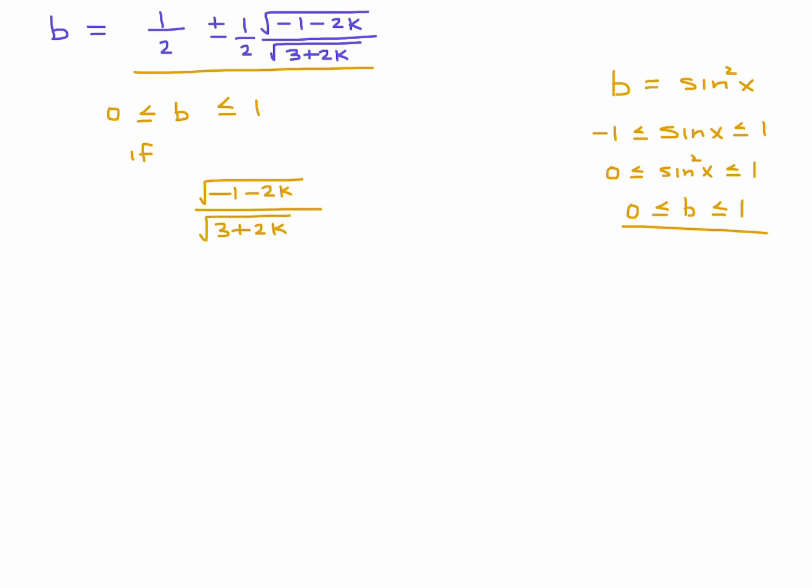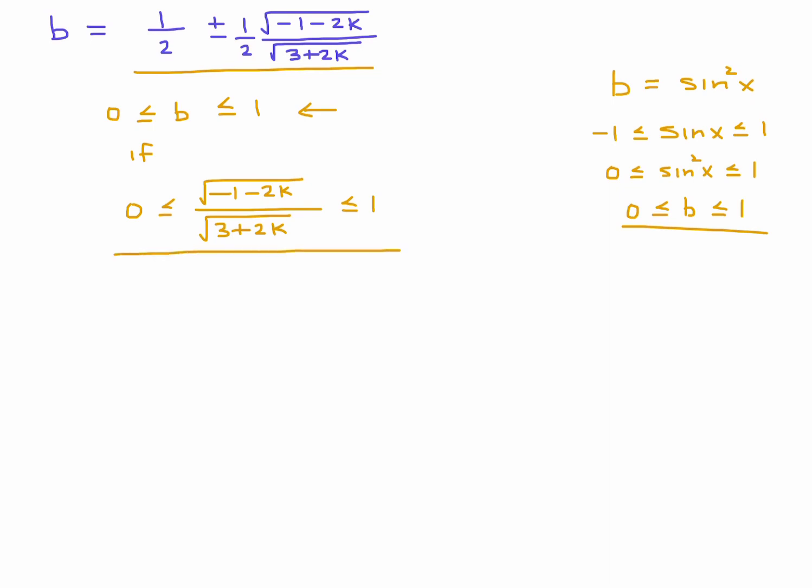And that has to be between 1 and 0. Try it. If you put that in, you'll see that that will make this hold true. When it's 0, it just becomes a half for b. When it's 1, it makes that just a half. And if you do 1 half plus a half, you get 1. And if you do a half minus a half, you get 0.